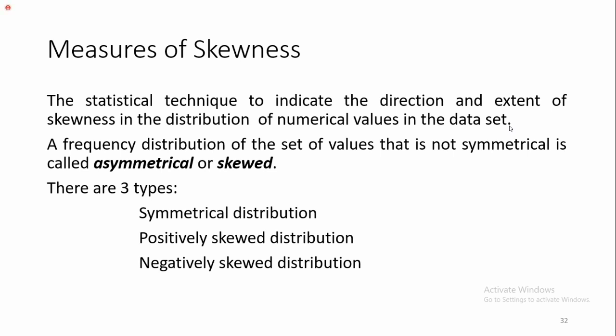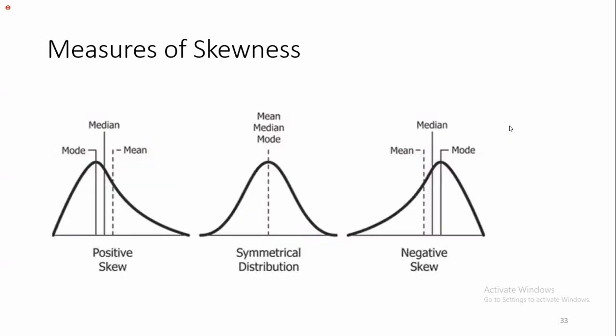There are three types of distribution: symmetric and skewed, and the skewed may be positively or negatively skewed. Therefore, we have three types: symmetric distribution, positively skewed distribution, and negatively skewed distribution. Here you can see a graph. The middle one is very famous and popular.